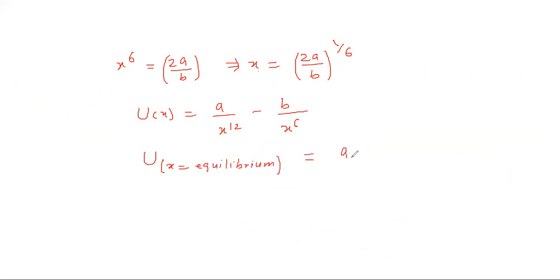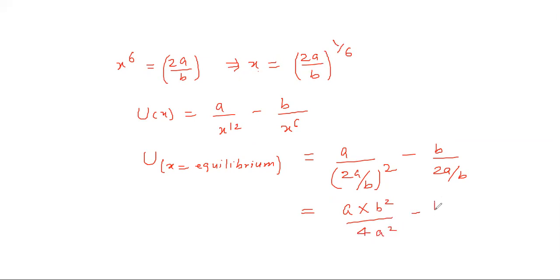So we get A divided by (2A upon B) whole square, because this power is 12 and this is 1 by 6, minus B upon 2A upon B. So this becomes A into B square divided by 4A square minus B square divided by 2A. One A will cancel out from here.